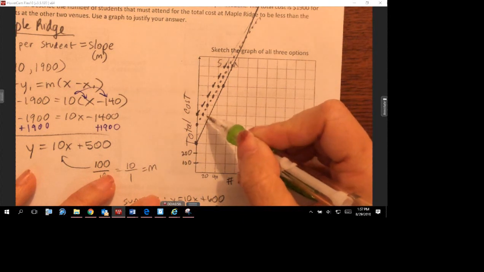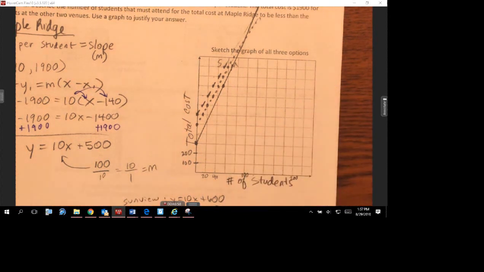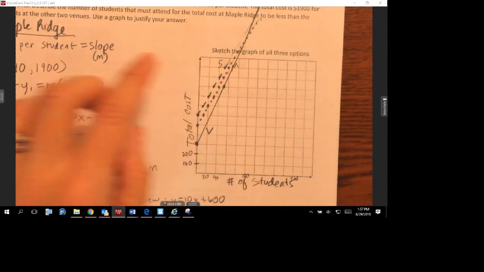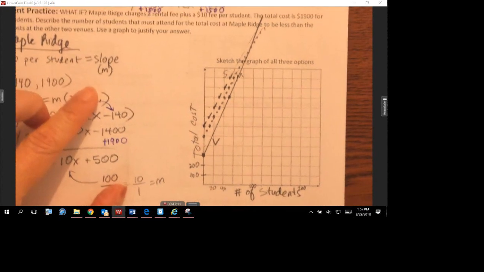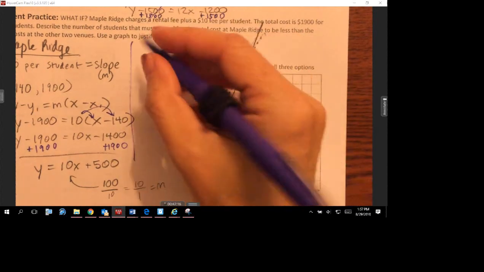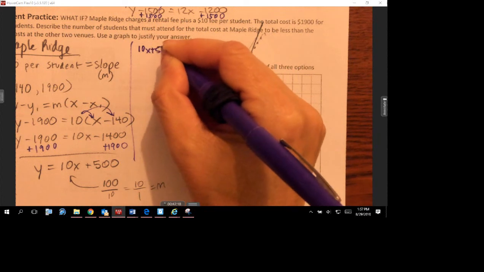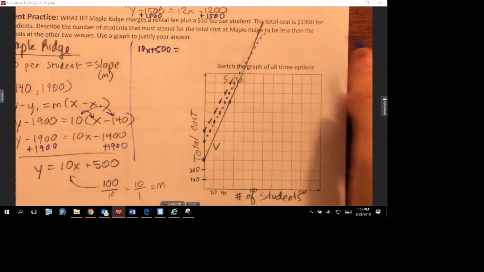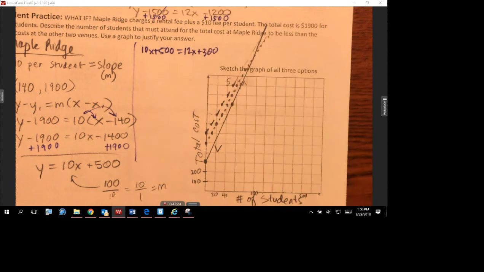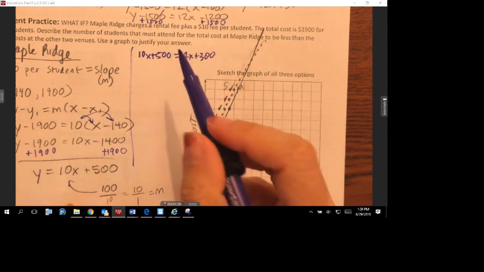To find where two of them cross, we set them equal to each other, just like you did earlier. So I'm going to set Maple Ridge equal to Lakeside. Maple Ridge was 10x plus 500. Lakeside is 12x plus 300. Let's see where those are equal.